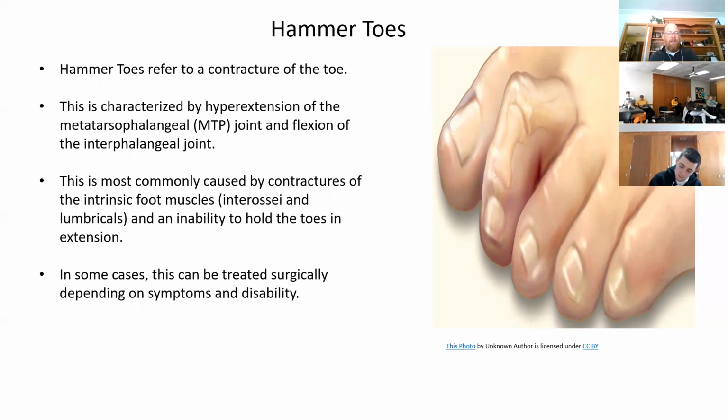And so we get this hammer toe deformity, and the toe looks curled. Once again, the hammer toe is characterized by hyperextension of the MTP joint and flexion of the interphalangeal joint. Usually, in our population, we would leave this alone.